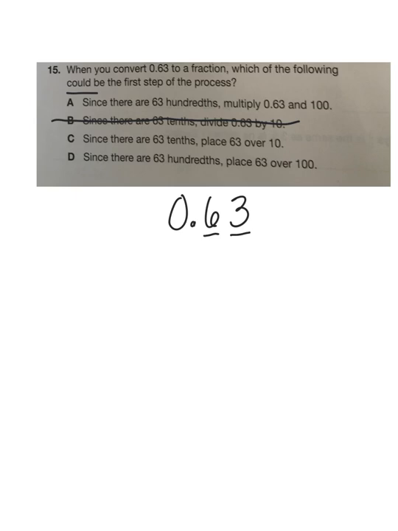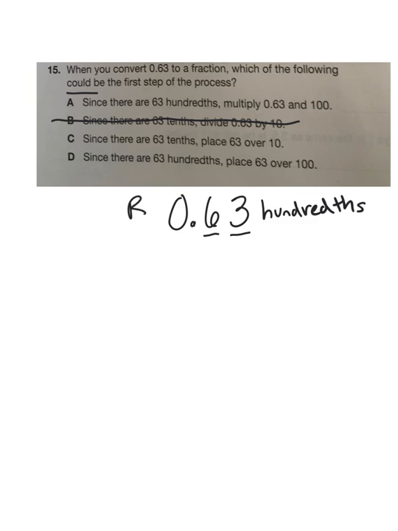When we're reading our place value for decimals, whatever our last digit is, whatever place value position that's in, that's the place value word you would say. Since we have a 3 in the hundredths place, that's our place value word that we will say, not tenths.